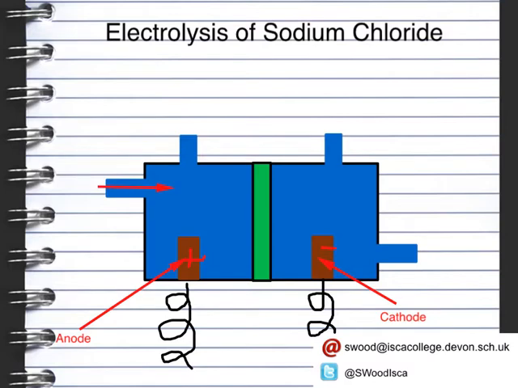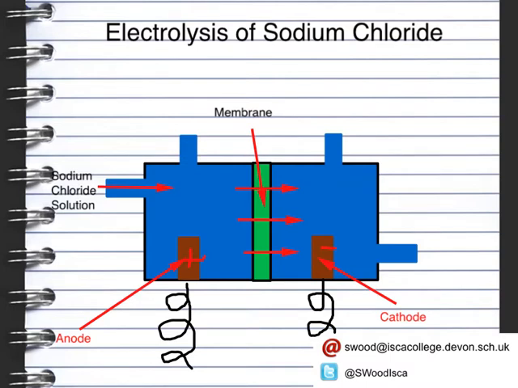Entering through here, we have sodium chloride solution, and then in here we have what we call a membrane. A membrane stops some things from going across, so you will have some things coming across, but others will stay where they are.